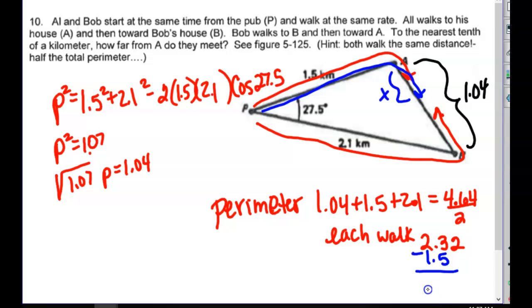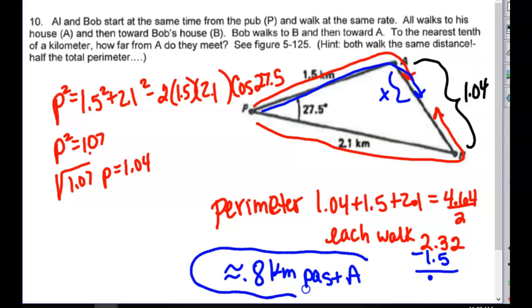What's left? 2.32 minus 1.5 is 0.82. Approximately 0.8 kilometers past A. Right.